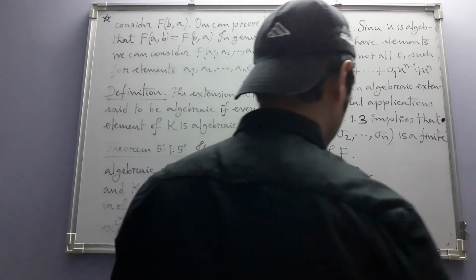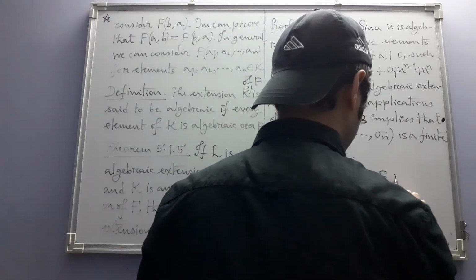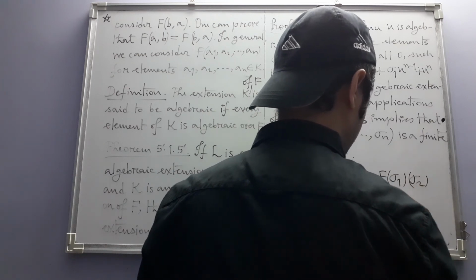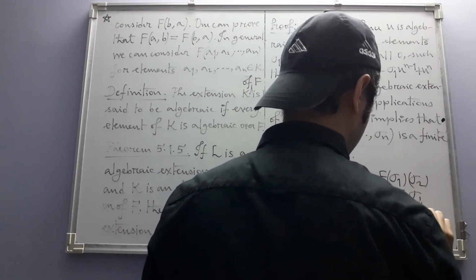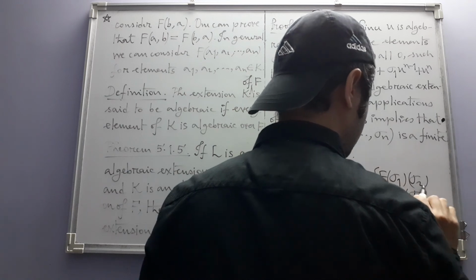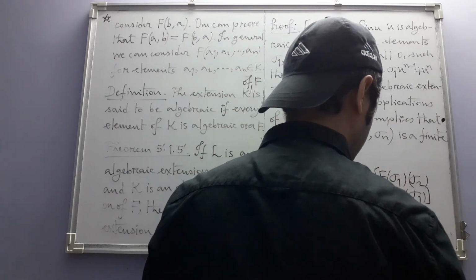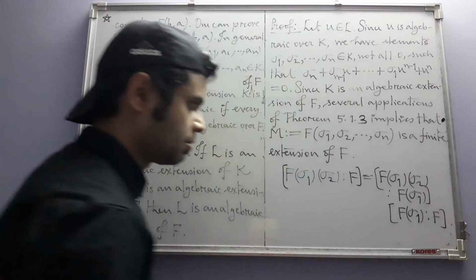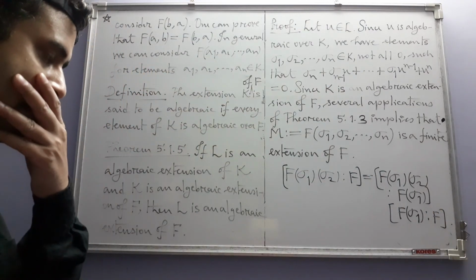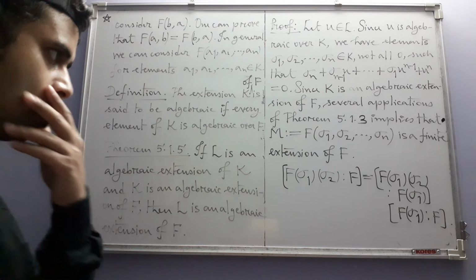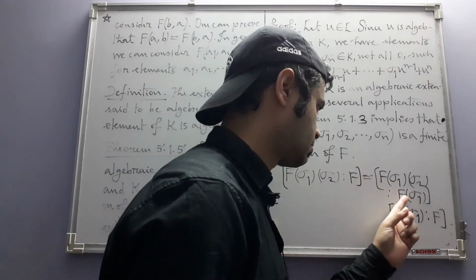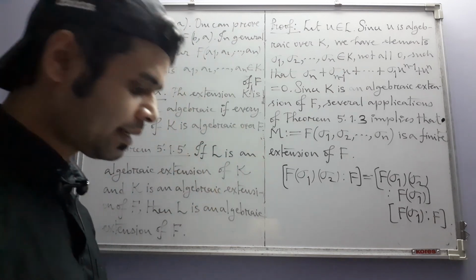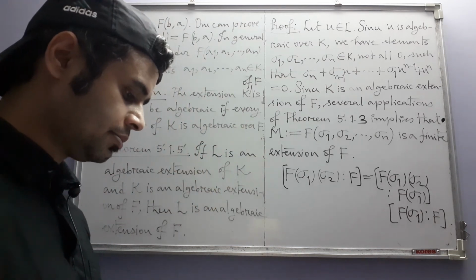By theorem 5.1.1, the degree of this is this times the degree of this. Okay. I think I am missing something obvious.